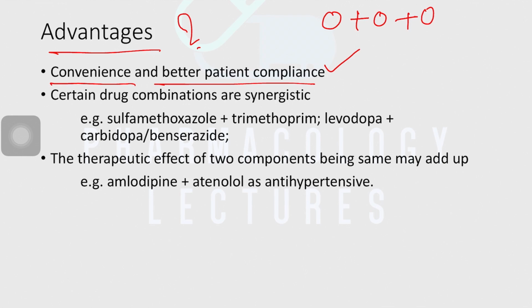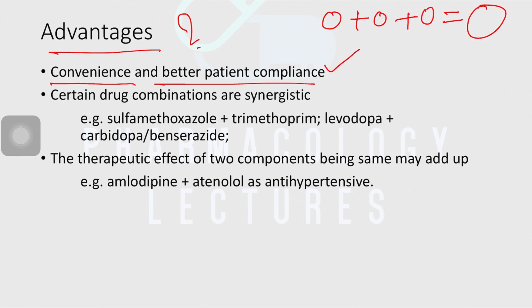So if the patient takes that many drugs, the patient becomes quite reluctant to take a drug, and there are chances of missing the drug as well. So it becomes easier for a patient if one drug is introduced. So that is the best advantage, better patient compliance. The patient can take the drug easily, the patient can become happy as well, and there are no chances of dropping out of the drug.